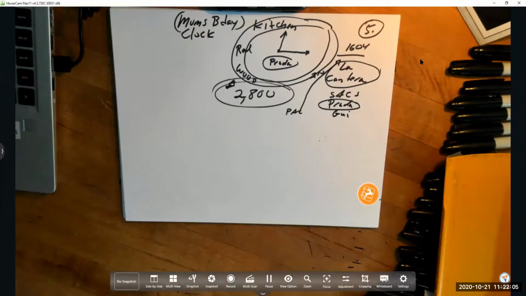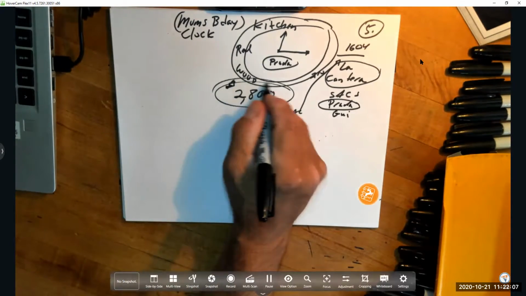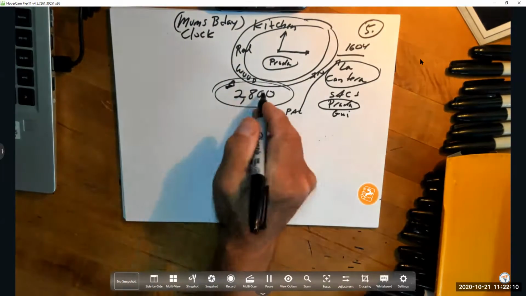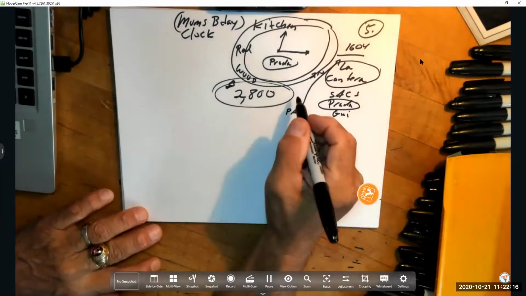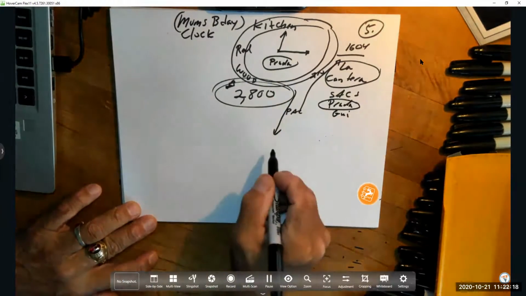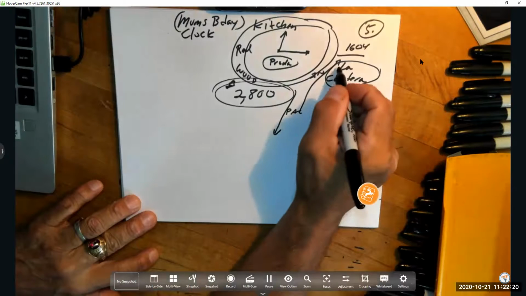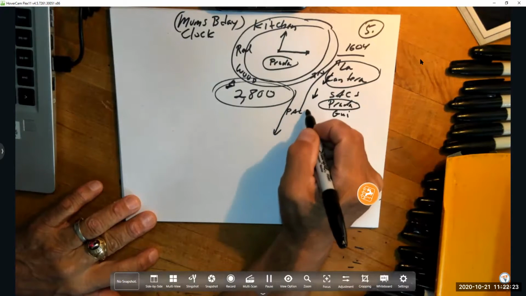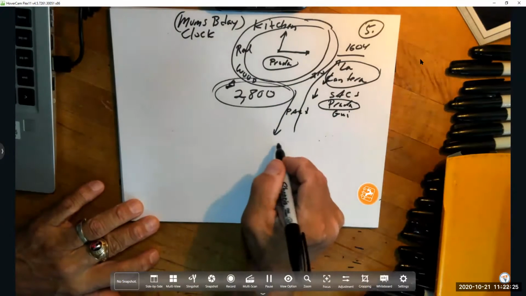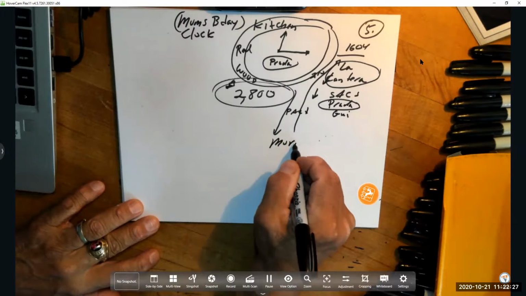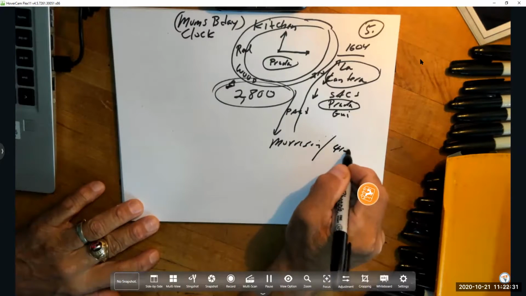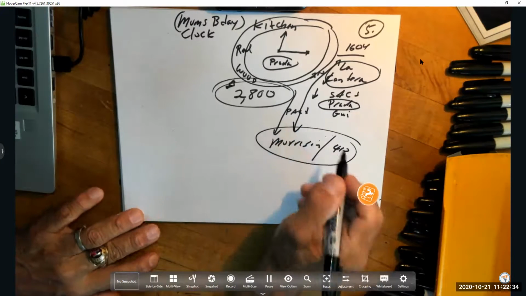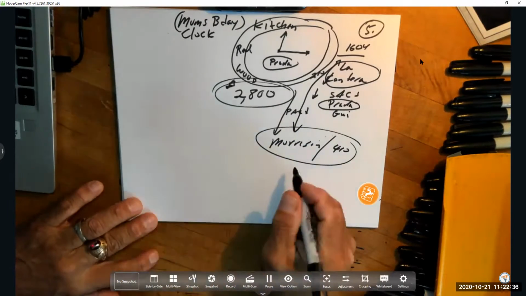And you go, I don't know. It has real wood in it, and it's a clock, and it's $2,800. So you say, you know what? Nah, that's okay. Never mind. No, thank you. So right away, you go back to the south side. Morrison and 410. And I'll tell you what's there.